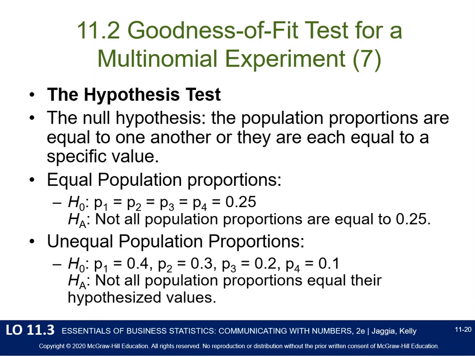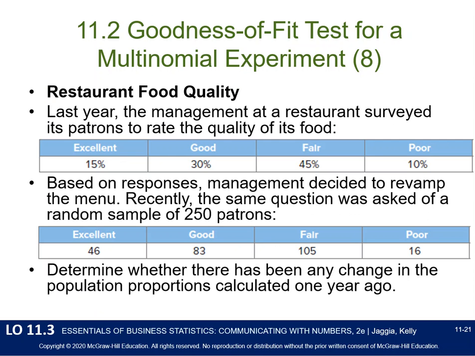So the alternative is just that not all population proportions equal their hypothesized values. Again, not that all of them are different, as long as one of them is different. If the probability of population 1 is not 0.4, then we would reject the null, even if 2, 3, and 4 were exactly spot on. So need to keep that in mind as we're making our test and drawing inferences from this.